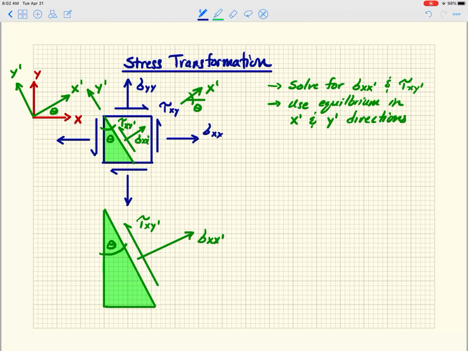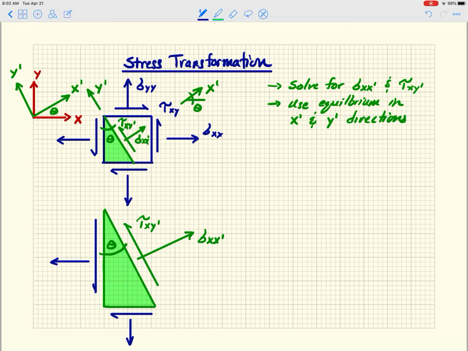And then we've got our old stresses. This guy was in this direction. This guy was perpendicular away from that face, and this guy was perpendicular away from this face.